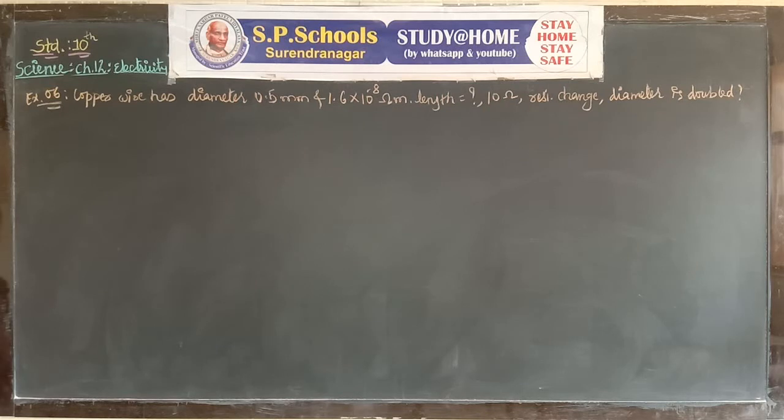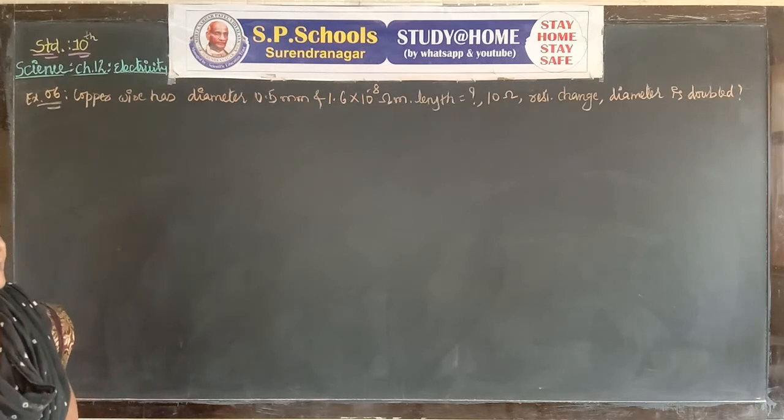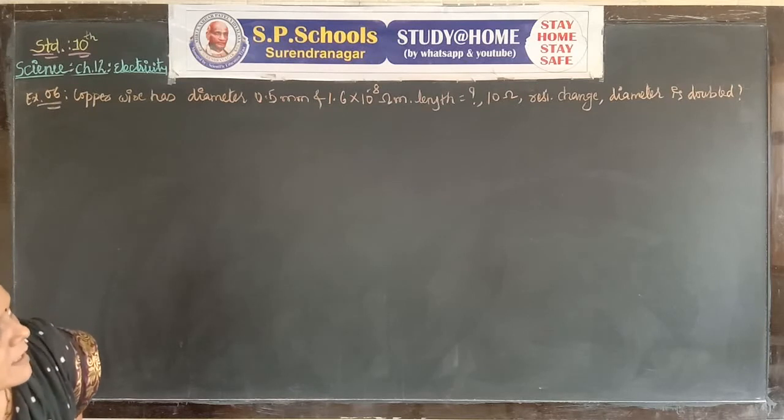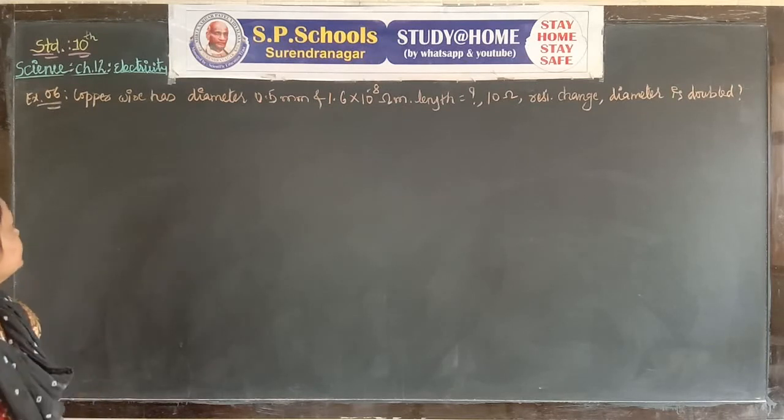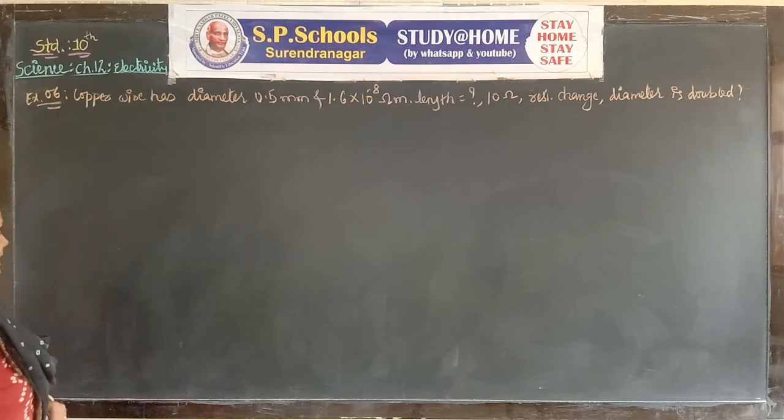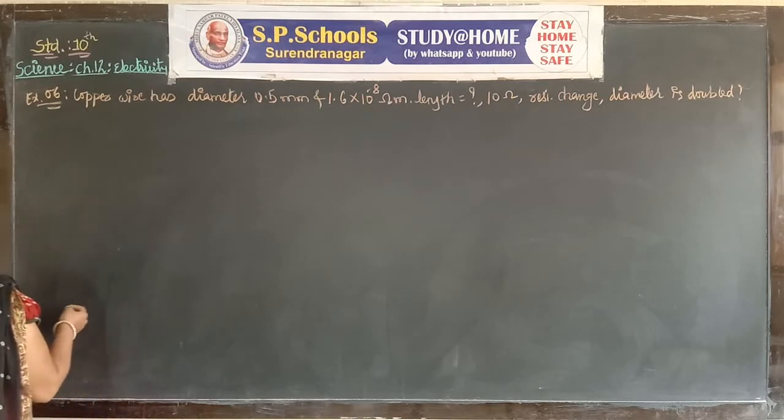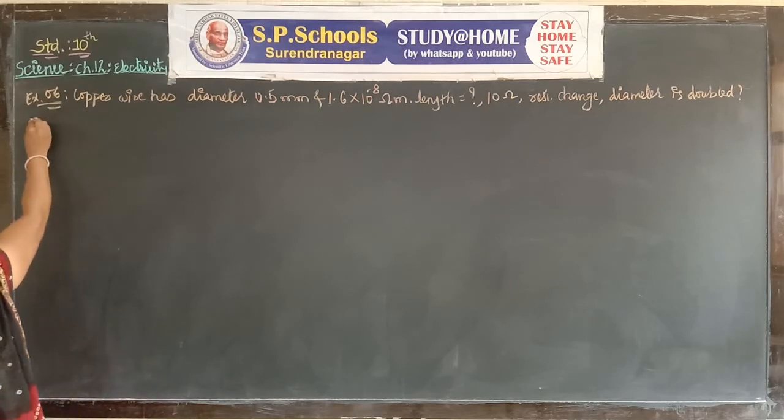Let's do it. Let's calculate the example. The copper wire has a diameter of 0.5 mm. Let's first convert the diameter from millimeter into meter.